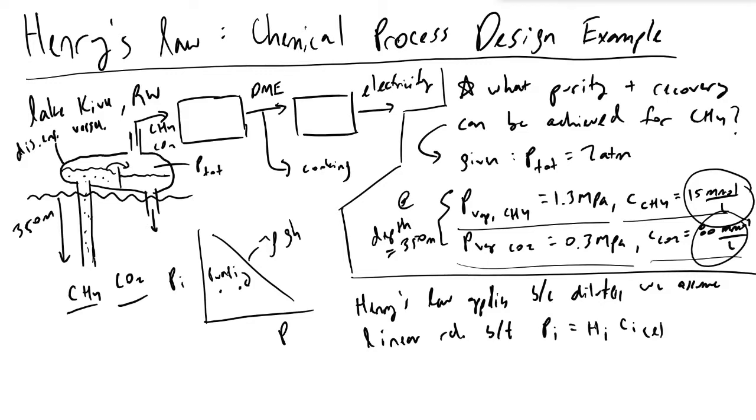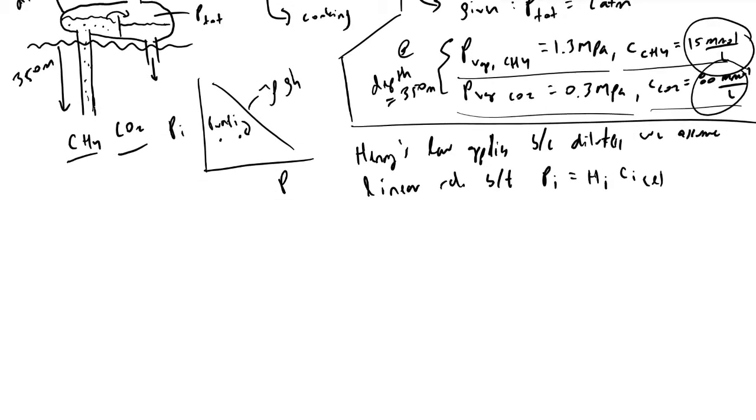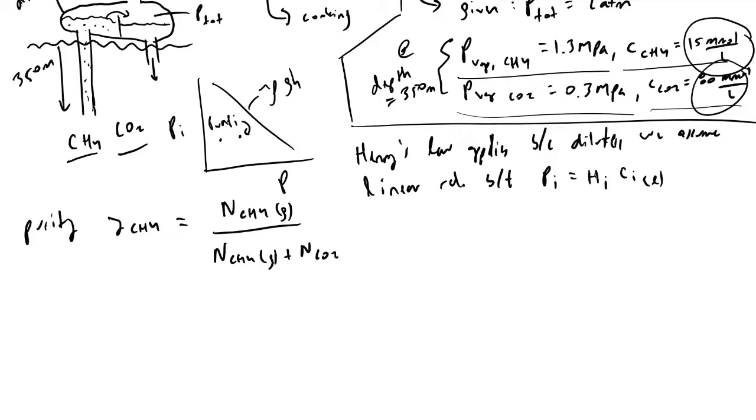To take a step forward, we're first going to look at the purity. This purity term refers to the molar ratio of methane in the gas phase, which I shall denote y_CH4, and that would be equivalent to n_CH4 in the gas divided by n_CH4 in the gas plus n_CO2 in the gas.